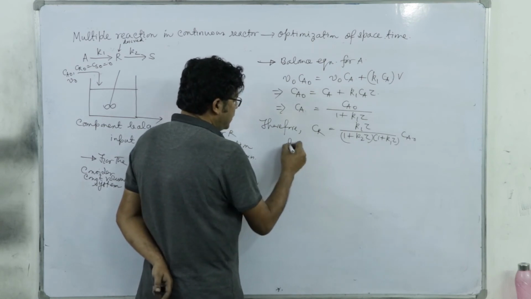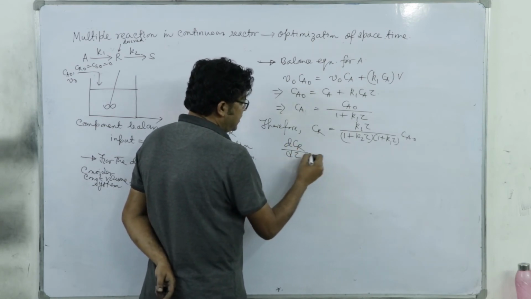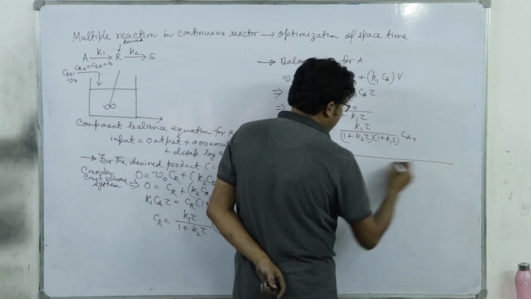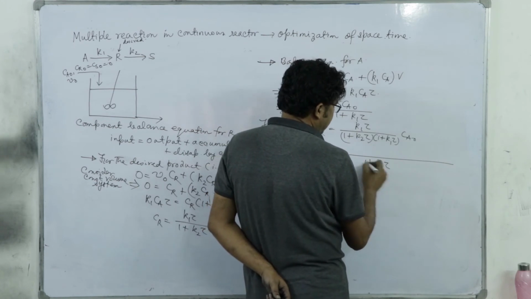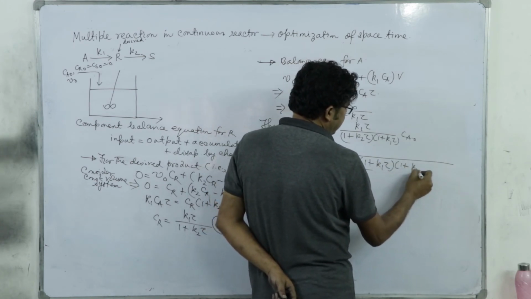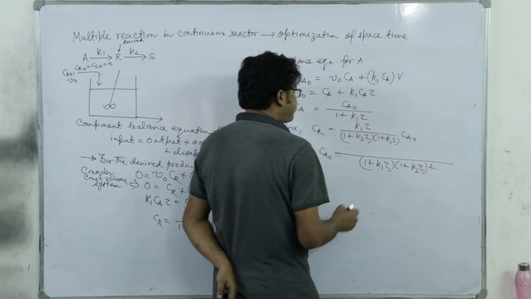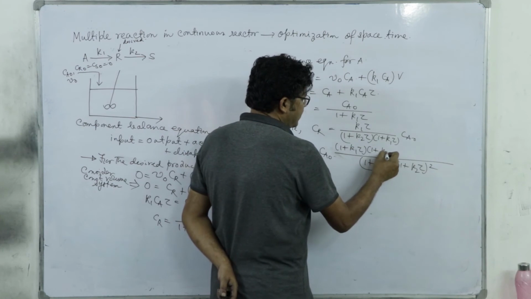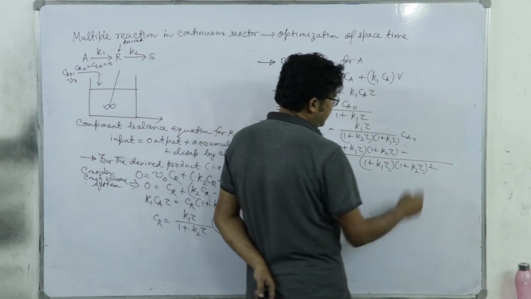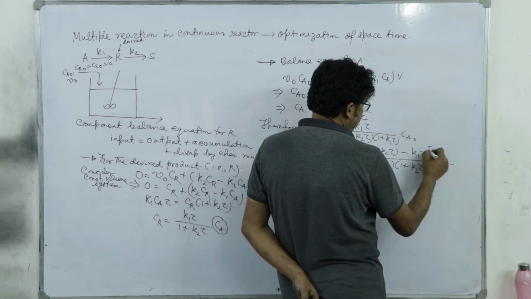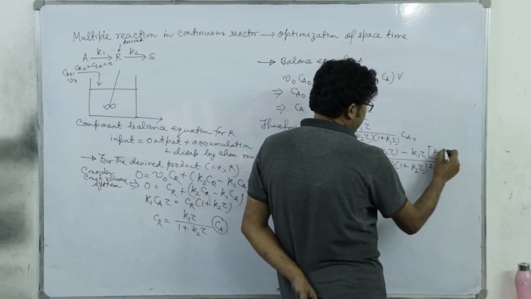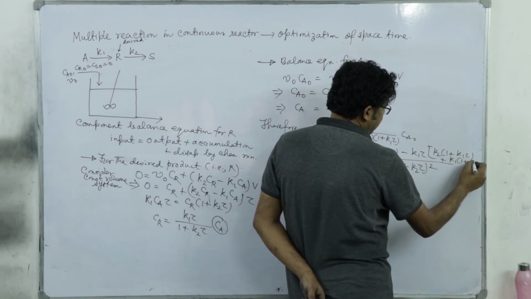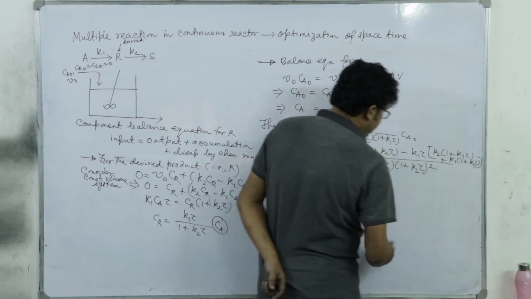So dCR/d tau: CA naught, denominator will be (1 plus K1 tau) into (1 plus K2 tau) whole square. Numerator is (1 plus K1 tau)(1 plus K2 tau) minus K1 tau times [K2 into (1 plus K1 tau) plus K1 into (1 plus K2 tau)]. Right.